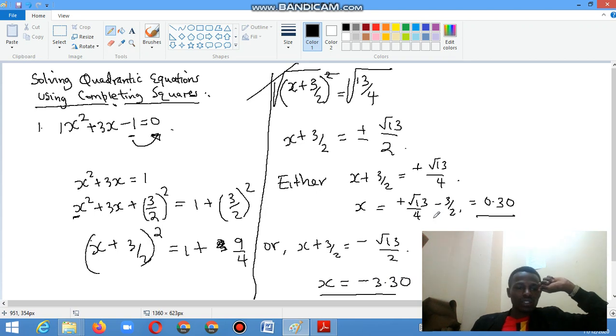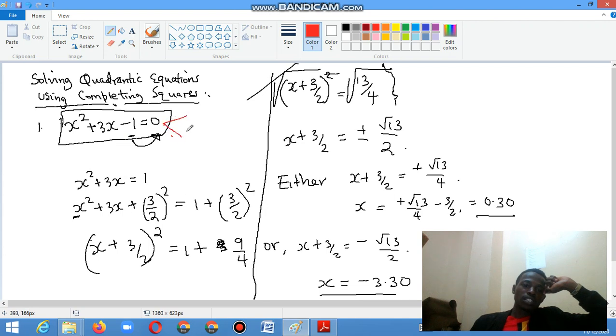Using factorization, this problem may be quite challenging, because it's not easy to find factors that multiply to give -1 and add to give 3.